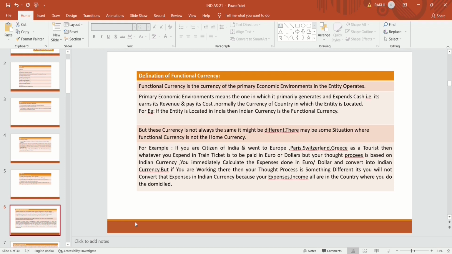For that purpose also the functional currency is different from the presentation currency. So if the entity is located in India, then the Indian currency is the functional currency.